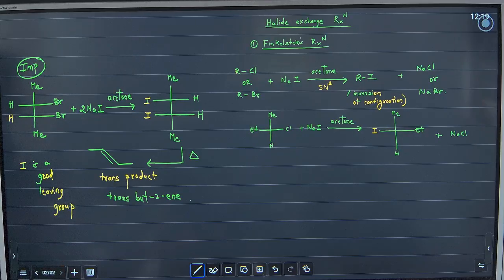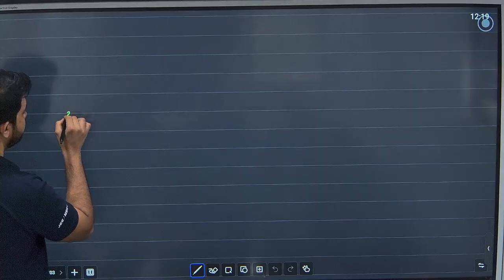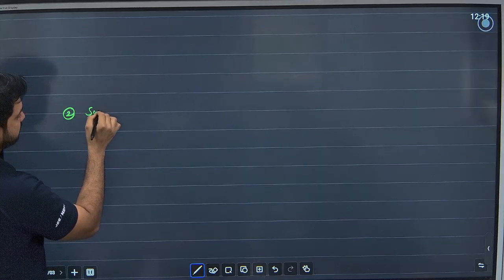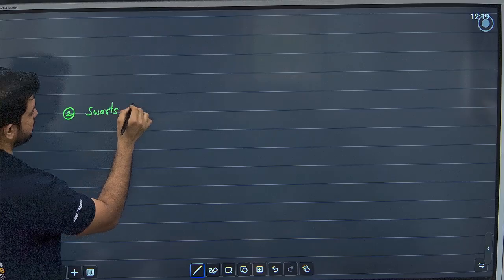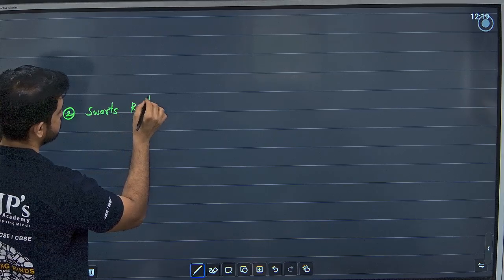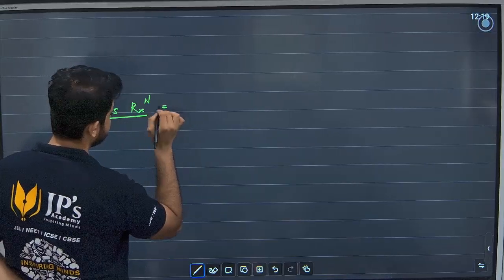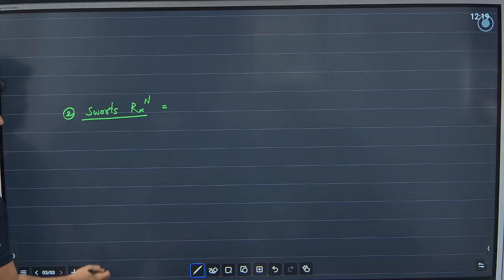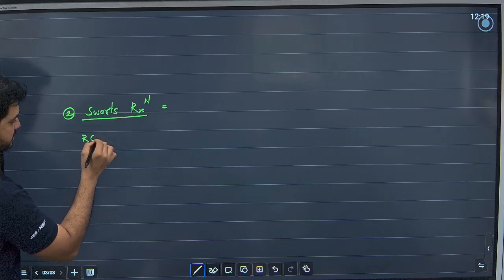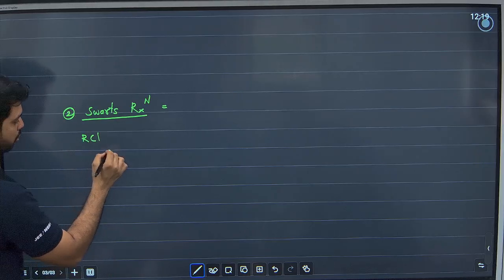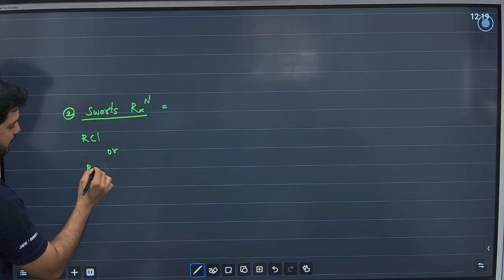Next halide exchange reaction कौन सा था people? Swarts reaction. Swarts reaction को fluorination reaction है. 11th standard में किया था already ये. Let's do it again. Swarts reaction. What happens in same Swarts reaction में I have RCl or I have RBr.